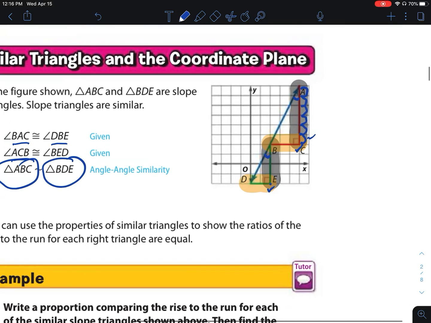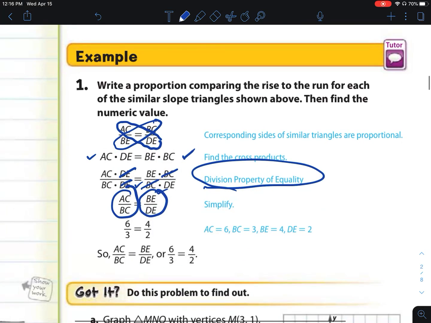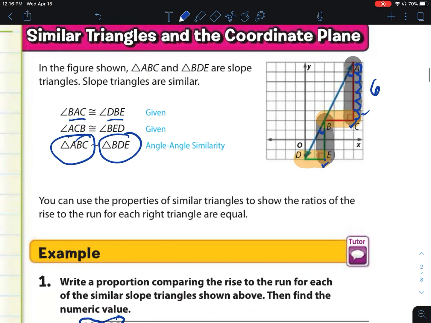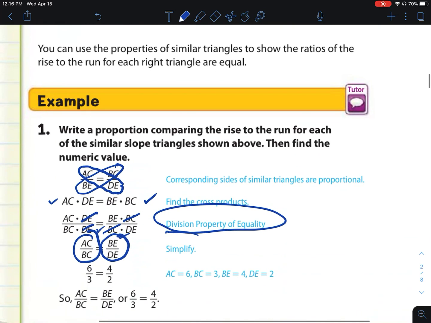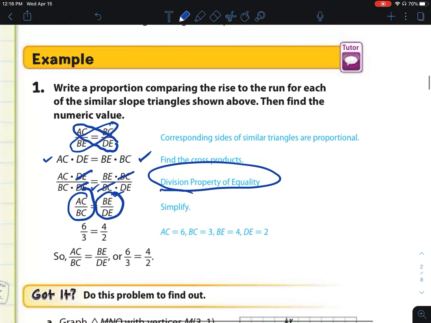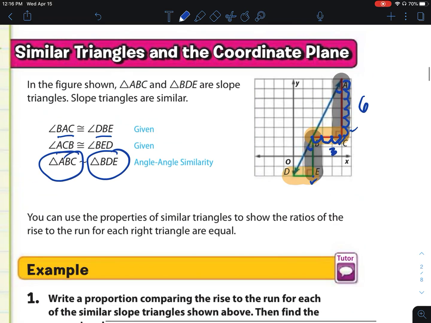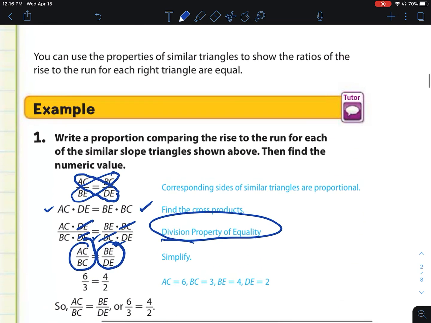That's where you get 6. And BC is 3 units: 1, 2, 3. That's where you got 3. We also know that BE is 4 units: BE, 1, 2, 3, 4. And DE is 2 units.